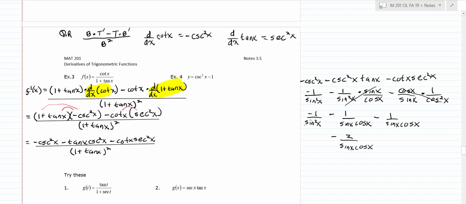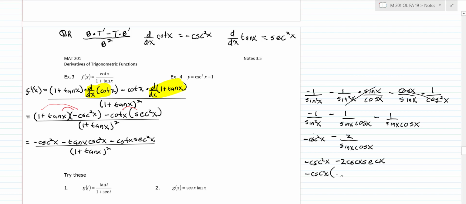And then I'm just going to write this back as a negative cosecant squared x, minus 2 cosecant x secant x. Now, I could factor out a cosecant of x here, and I'm going to take a negative one out. So if I did, I'd have negative cosecant of x times cosecant of x.